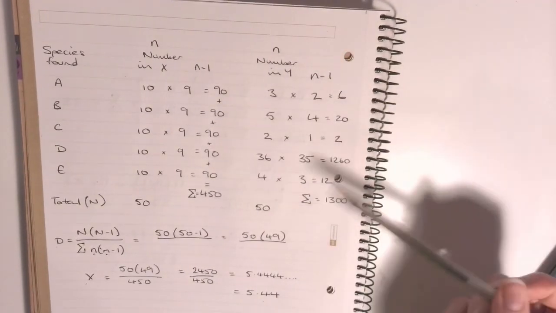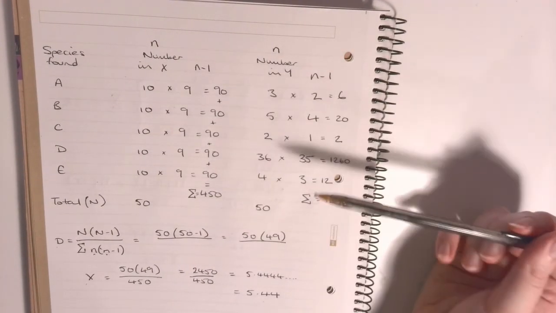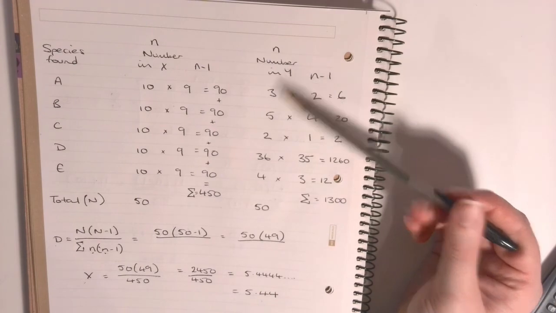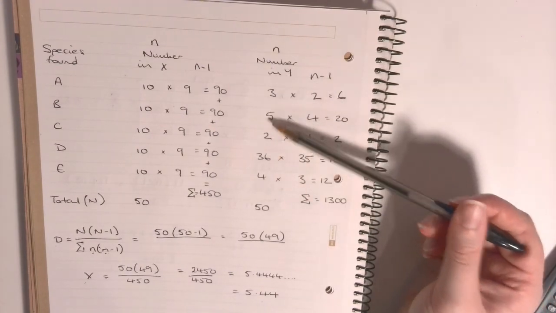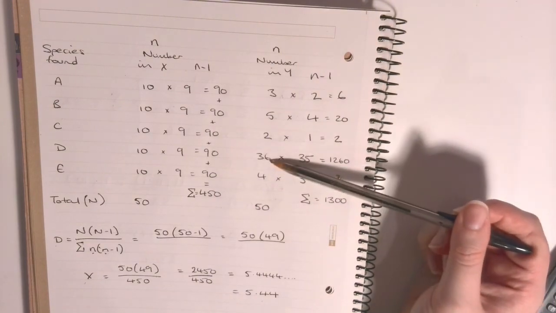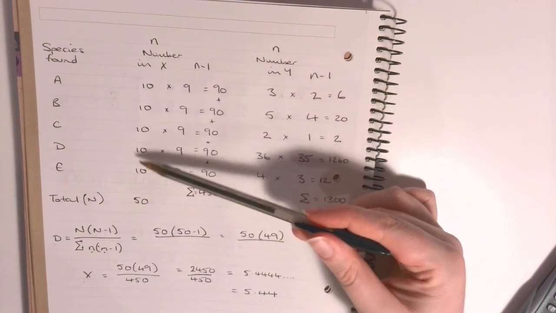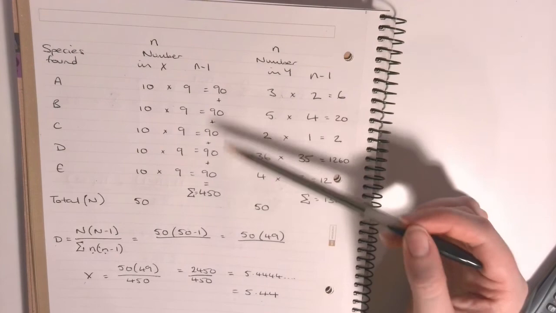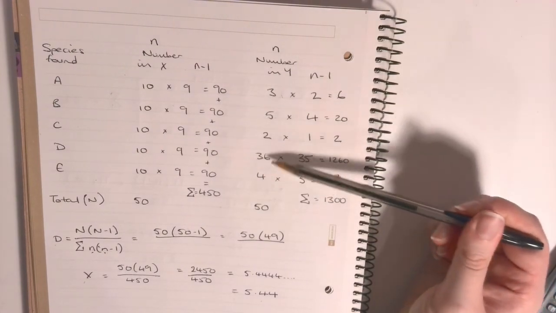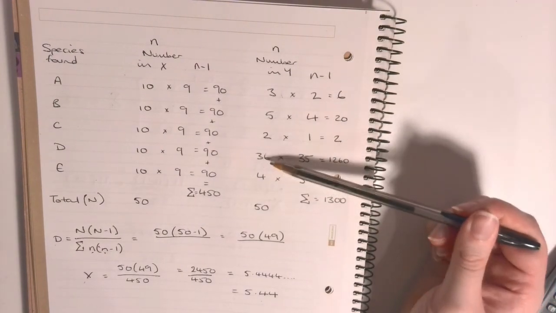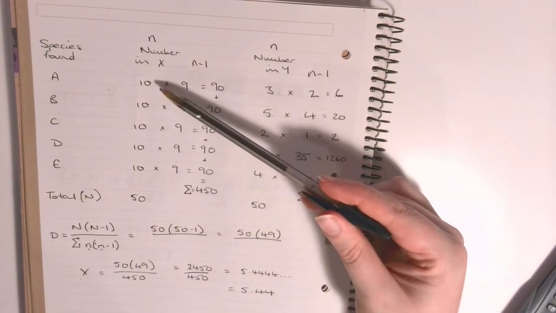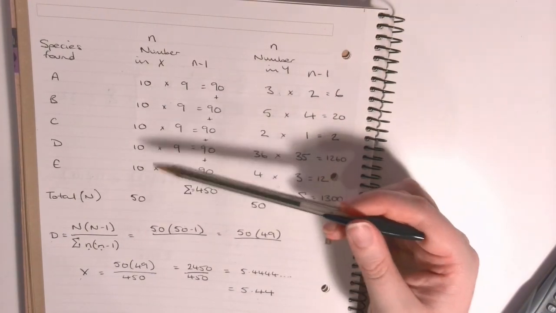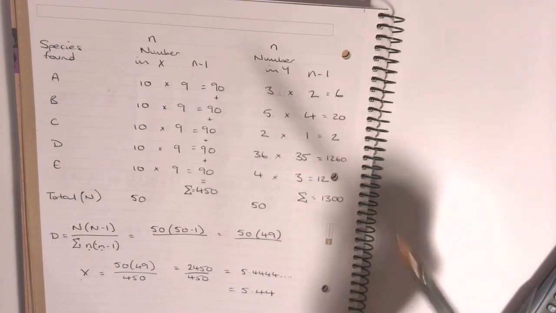If you go back, that's kind of backed up by our results, because in habitat Y, you had a few individuals, but loads of species D, whereas over here it was a more even spread. So this, because it has an overwhelming population of D, it's not very biodiverse. This one, all the species have an equal representation, more biodiverse.